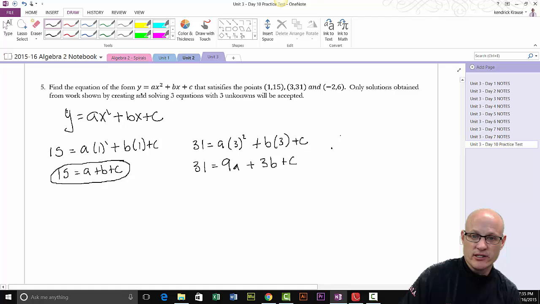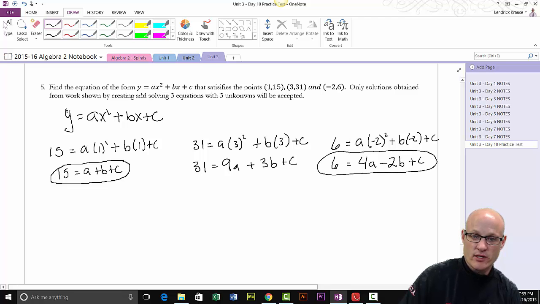And my final equation is 6 equals a times negative 2 squared, be careful of negatives, plus b times negative 2 plus c. So this is 6 equals 4a minus 2b plus c.